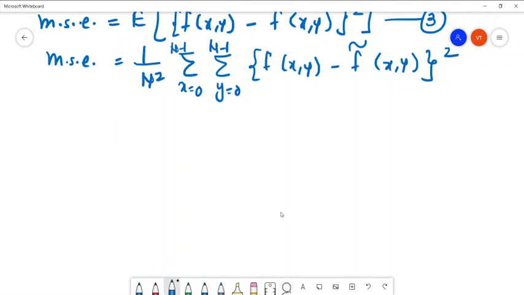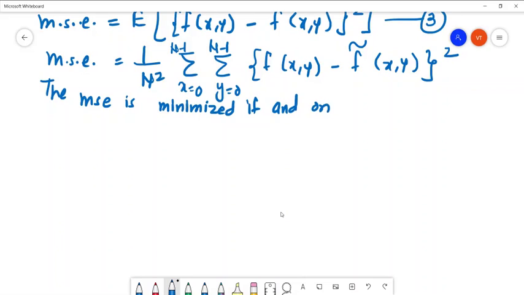The MSE is minimized if and only if the orthogonal condition is satisfied.